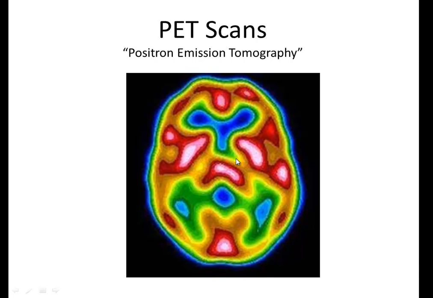Those positrons can be detected through detectors in the instrument, and this is what allows positron emission tomography to happen. That's a PET scan.